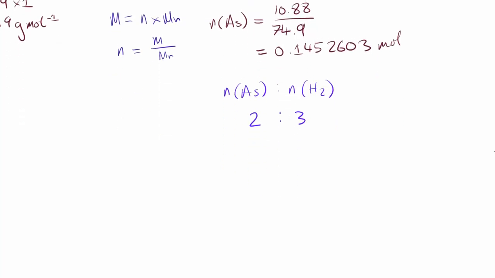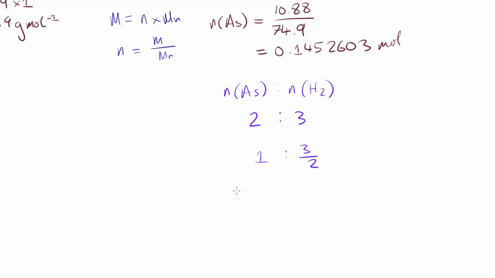And if we now try and get the left hand side to 1, so divide both sides by 2 effectively, we're going to get 1 in the ratio to 3/2, right? And so for every 1 mole of arsenic, the moles of hydrogen is going to be 3/2, which is basically 1.5, right?